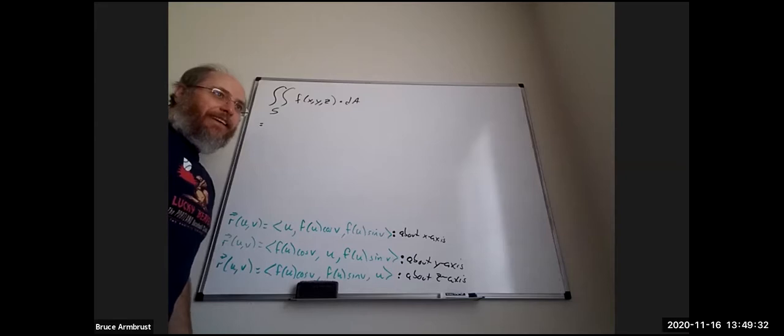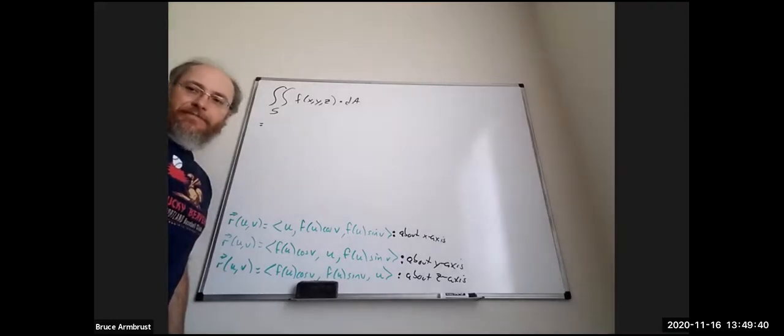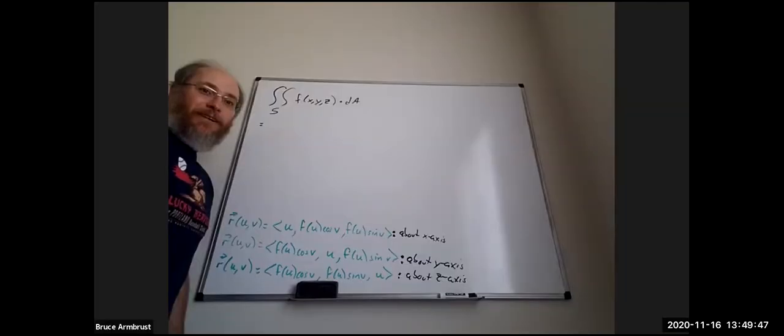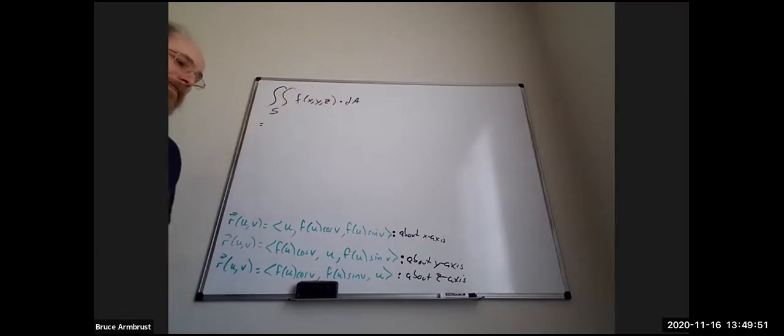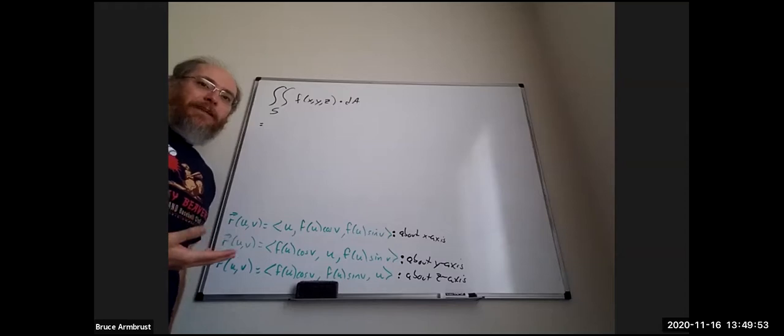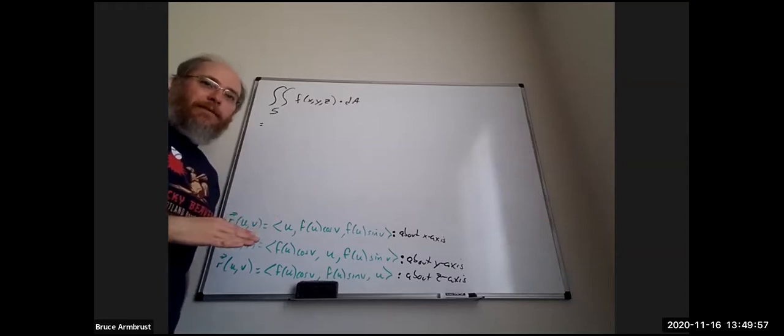All right. So what does that mean? What are we going to have to do here to replace that dA? Find a Jacobian. Yeah, we're going to have to find a Jacobian, right? We think of that dA as a dx dy or something like that, but it's not exactly dx dy because we're not in the plane.